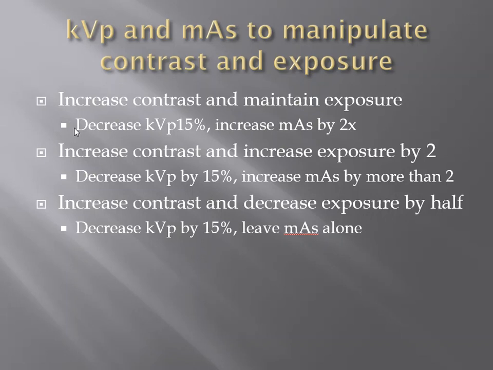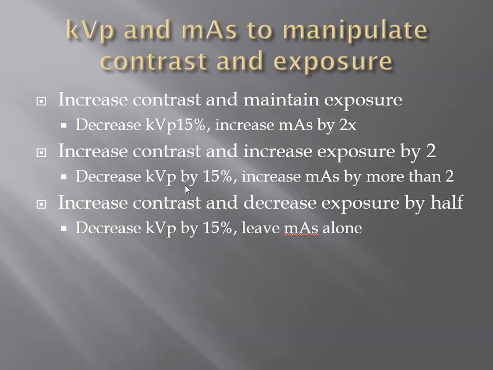So this just kind of runs through what we just talked about, kind of a cheat sheet. Increase contrast and maintain exposure: increase contrast, reduce KVP, increase mass by a factor of 2 because we're maintaining the exposure. If we want to increase contrast and increase exposure by a factor of 2, it gets a little bit more dicey.